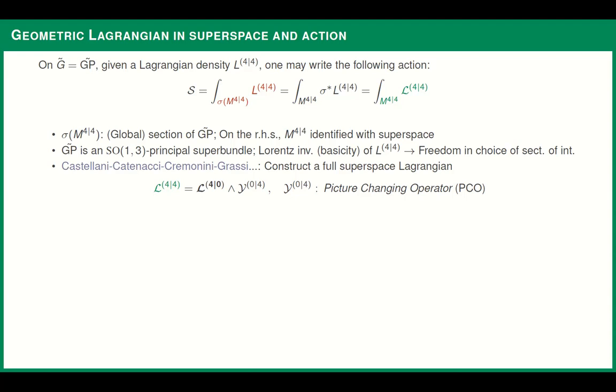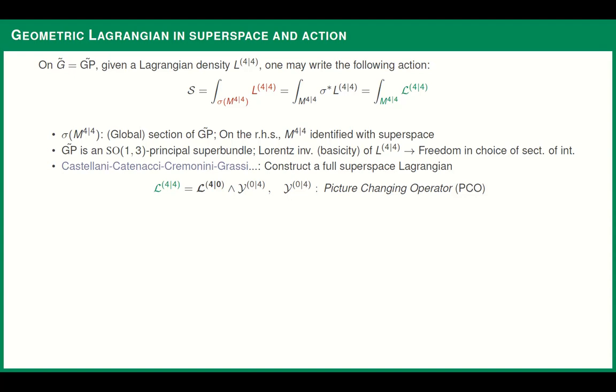This is analogous to what we have done in the pure gravity case. We write this Lagrangian and take its integral along a global section of super Poincare, so superspace. And this can be rewritten as the integral over superspace of the pullback of L44, given in terms of the local representatives of L44.